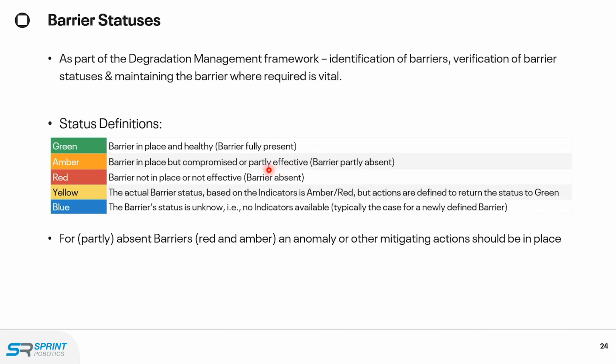So if I have a coating as a measure to protect my piping against external corrosion, and I do an inspection and identify my coating is in a bad condition, my status will change to amber. Or if the degradation of my coating is really severe, I'm going to switch to red and say the barrier is no longer existent.